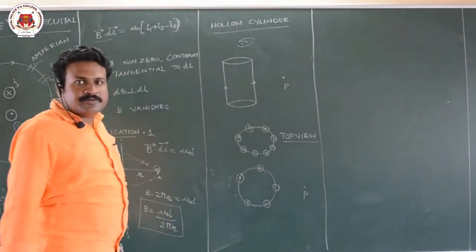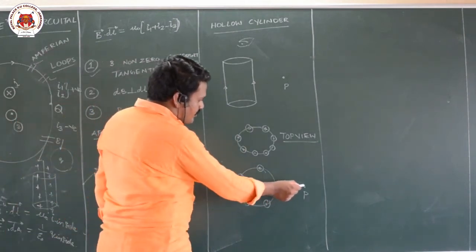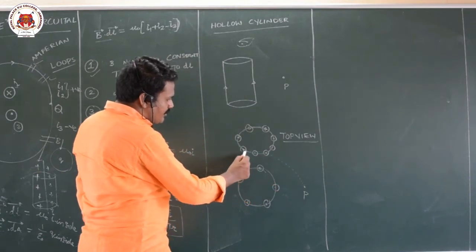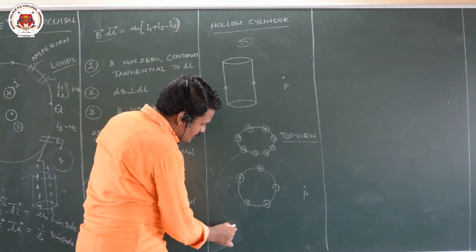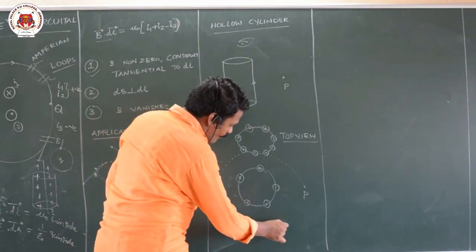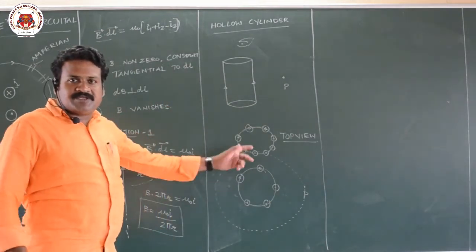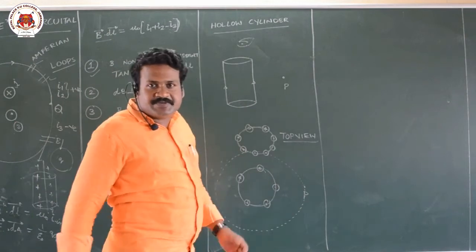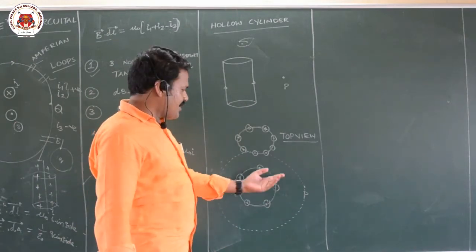Now, according to Ampere, you take this as the radius and complete the Ampere loop like this. Same as in Gauss law, wherever we want, we just draw one Gaussian surface. We ourselves draw it and name it a Gaussian surface. This is the Ampere loop we have drawn.